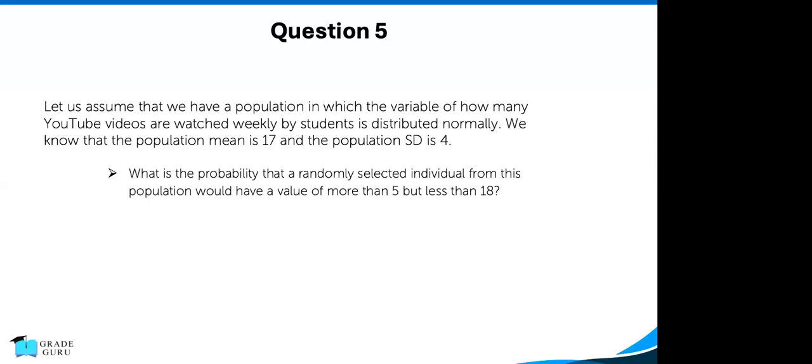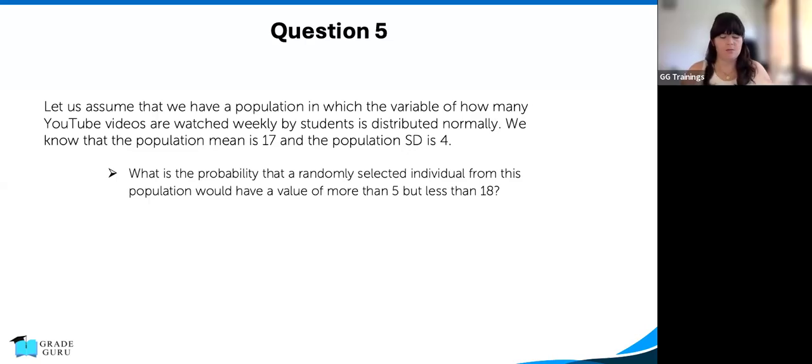I was plugging in the population SD, the mean, and the two values into the formula, and I got two Z values. But when I looked them up in the table, the numbers didn't make sense. So maybe I did it wrong.